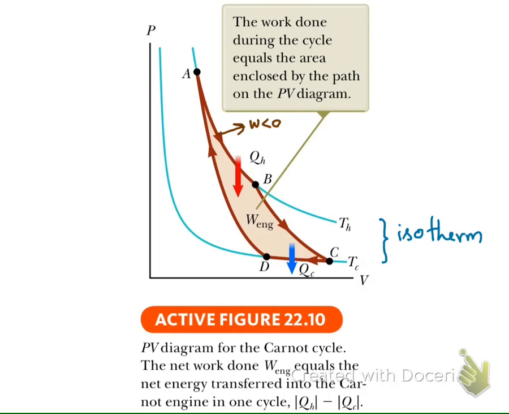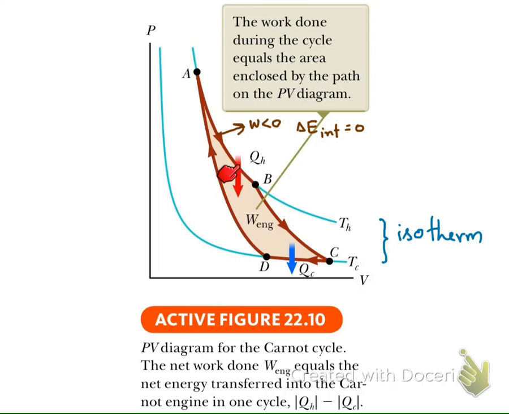But since during this process the temperature is constant, delta E, the internal energy, is equal to 0. So we must have the heat entering the system to balance the negative value of W and make delta E equal to 0. So this is the first step in the Carnot cycle.